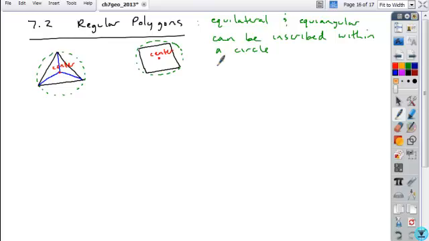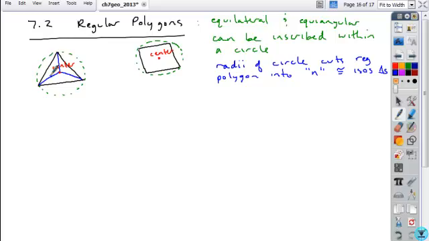Okay, so the radii of the circle that passes through each vertex will always cut the regular polygon into n, again, n is the number of sides, so it cuts it into n congruent isosceles triangles.